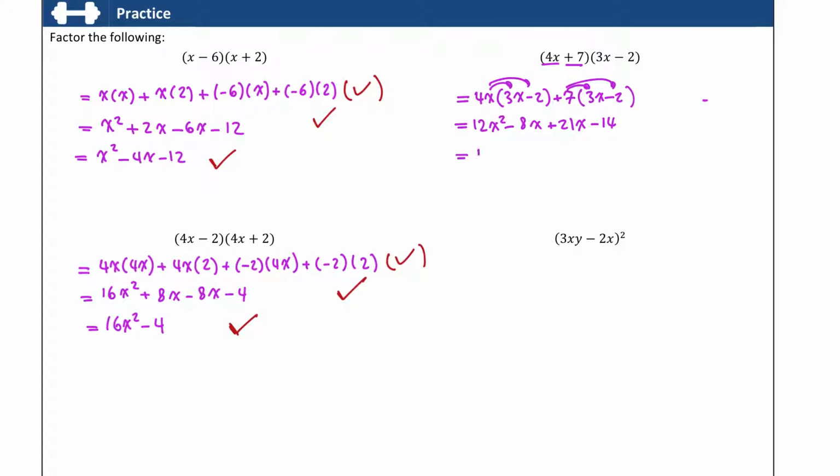So adding everything up, I get 12x squared. -8x plus 21x should give me 13x minus 14 here. And this should be my final solution. So one optional step here, or method mark, and make sure you simplify your final answer.